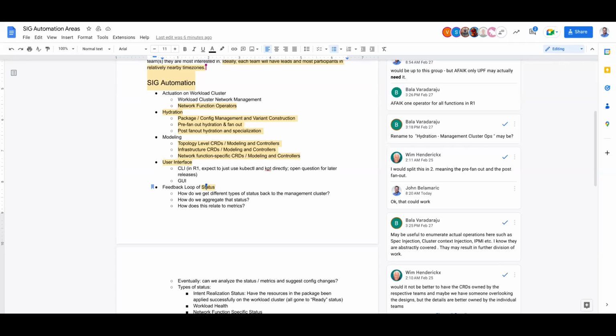We're going to have sessions, not deep dives, but like, here's how to use KubeBuilder, here are the links, here are the examples, or here's the seed code, here are the tests.